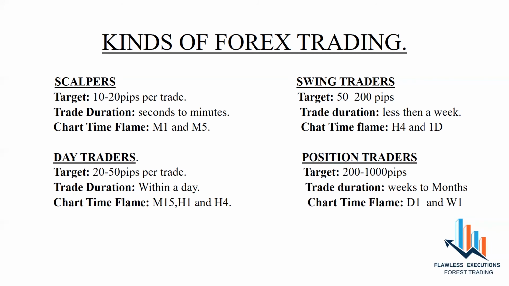The charts or time frames they use in making analysis are the 1 minute and the 5 minutes. Don't concern yourself with this. Tomorrow with the technical analysis, we're going to talk about them.